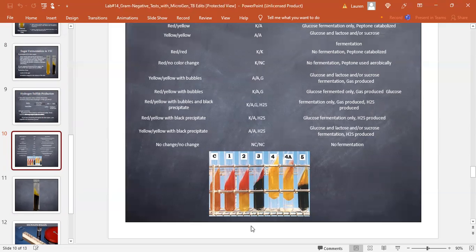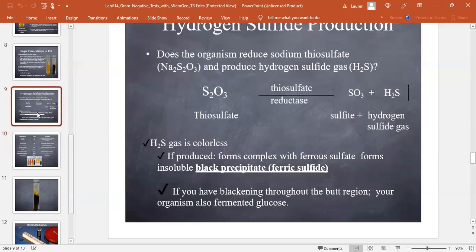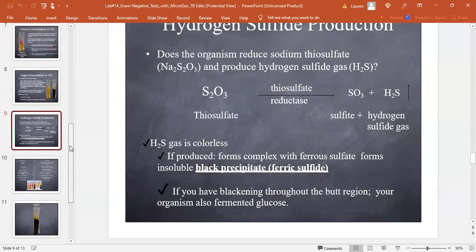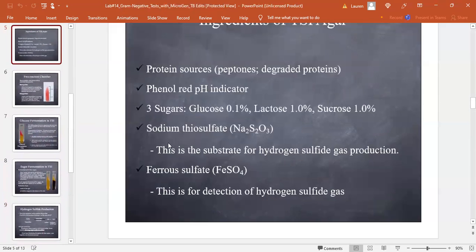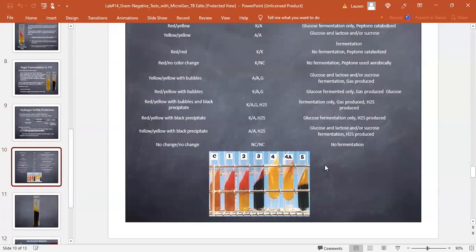And then at the molecular level, we have H2S production, which takes the thiosulfate from the agar and uses the enzyme from the bacteria, thiosulfate reductase, to produce these two products, in which hydrogen sulfide gas is indicated by ferrous sulfate. So that would be a complete explanation as to what is happening in this third tube.